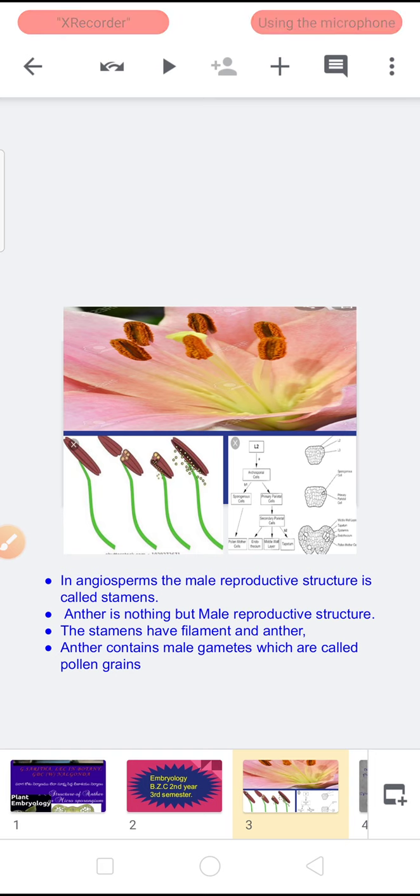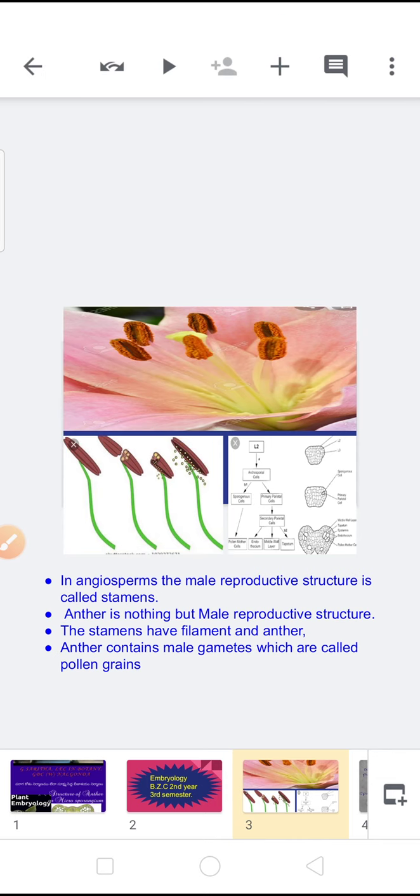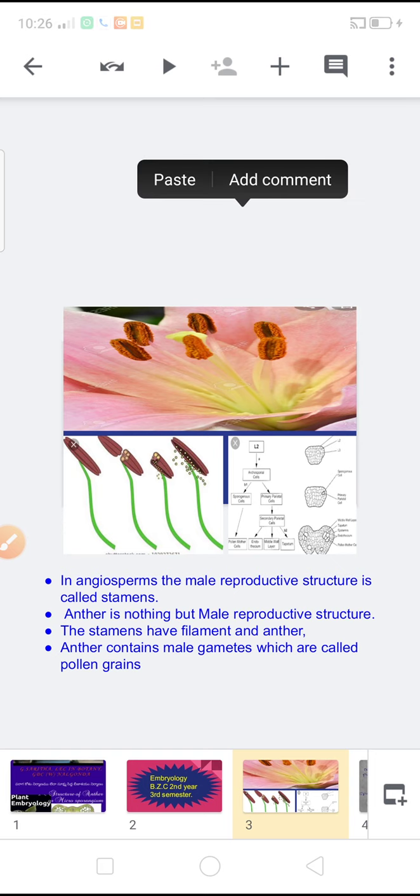Father of Indian plant embryology is Acharya Panchanan Maheshwari. Panchanan Maheshwari was a prominent Indian botanist noted for his invention of the technique of test tube fertilization of angiosperms.